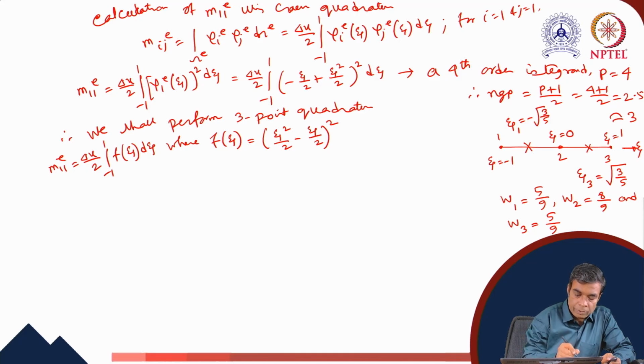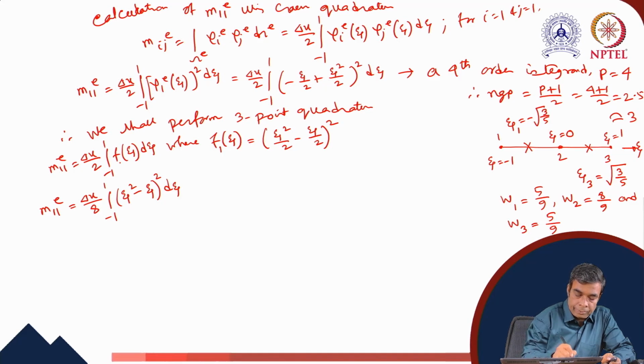So here we can simplify it as M11E equals delta x by 8. We can take the 2 outside, integral minus 1 to 1 of xi square minus xi, whole square, d xi.